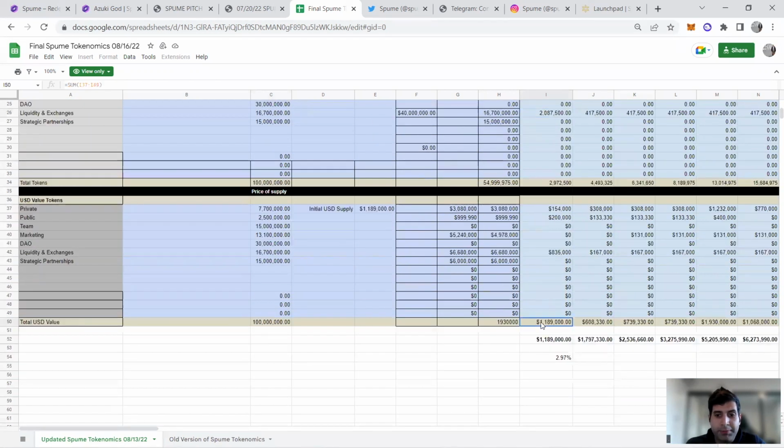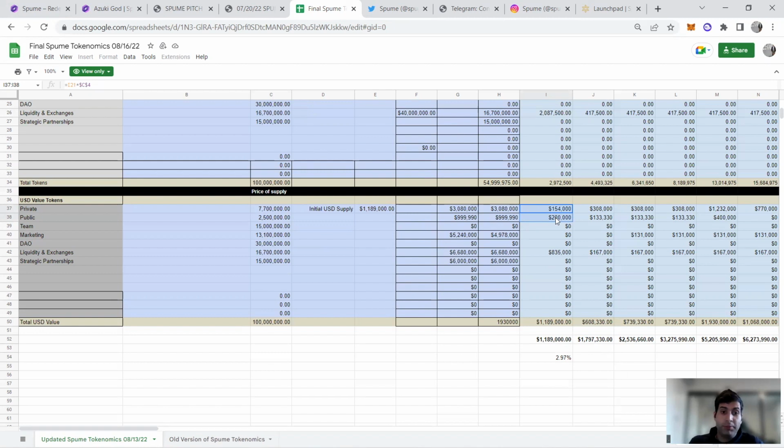So initial market cap is 1.18, let's say $1.2 million. Out of that, only 400,000 is released from the pool of private and public, and then 800,000 is released from this exchange and liquidity.